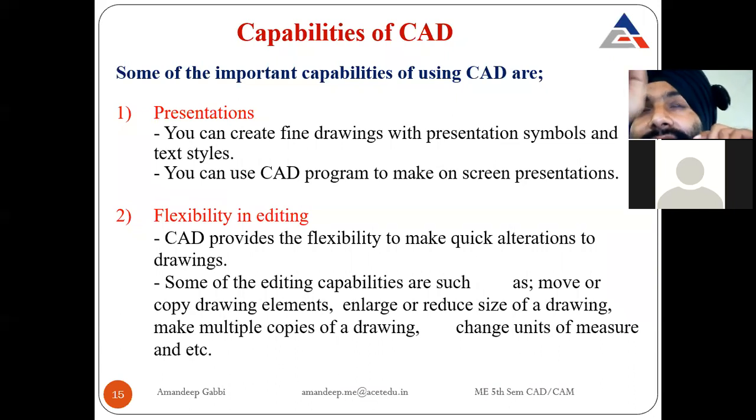You can dimension that कि यहाँ से लेके यहाँ तक की dimension इतनी है. It should be capable of giving dimensions. It should be capable of giving symbols. Like if you cut a section of a particular part, so hatching should be able to hatch that particular part. So this is the presentation of a particular drawing. तो अच्छी presentation वाला AutoCAD software होना चाहिए या CAD software होना चाहिए.